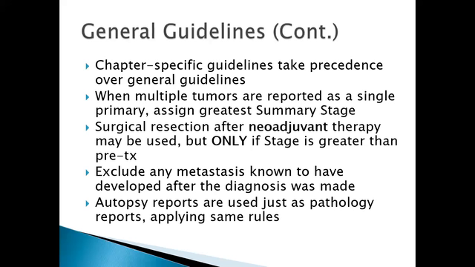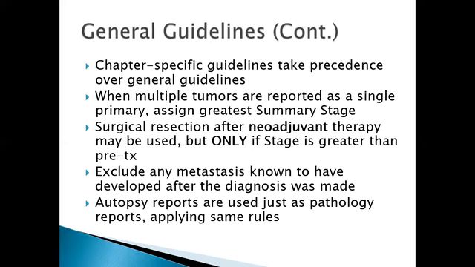So if they have a clinical stage of regional by direct extension only, lymph nodes look negative, so we're assigning a summary stage code 2, all right? The patient goes on to have neoadjuvant therapy, so we can wait till they have surgery before we assign a final summary stage.